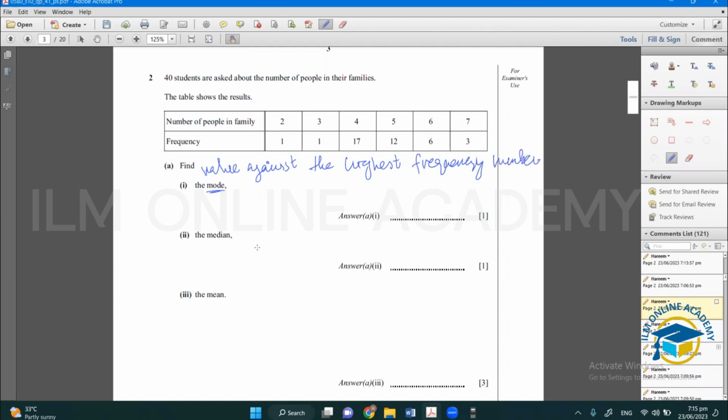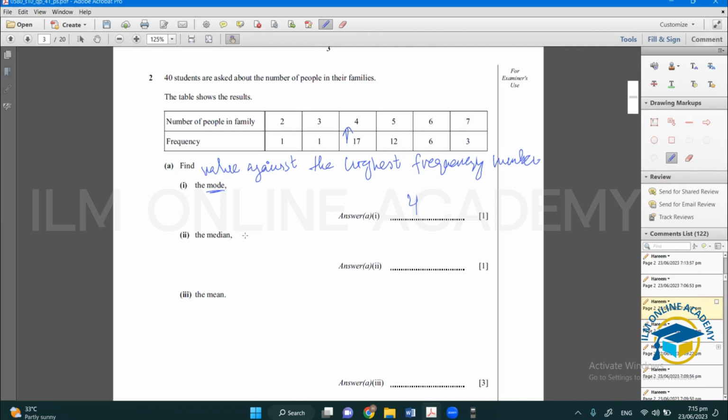The highest frequency number here is 17, right? And the value against it is 4. Got it?